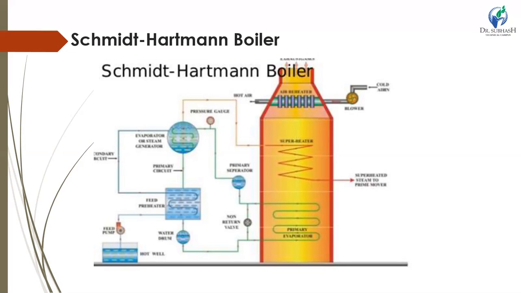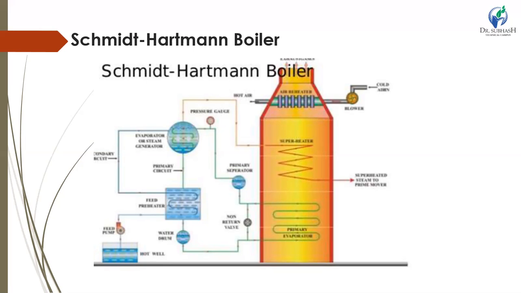Two pressure circuits are used to exchange energy, and these circuits are called the primary circuit and the secondary circuit. In the primary circuit, steam at a pressure of 100 bar is produced from distilled water.